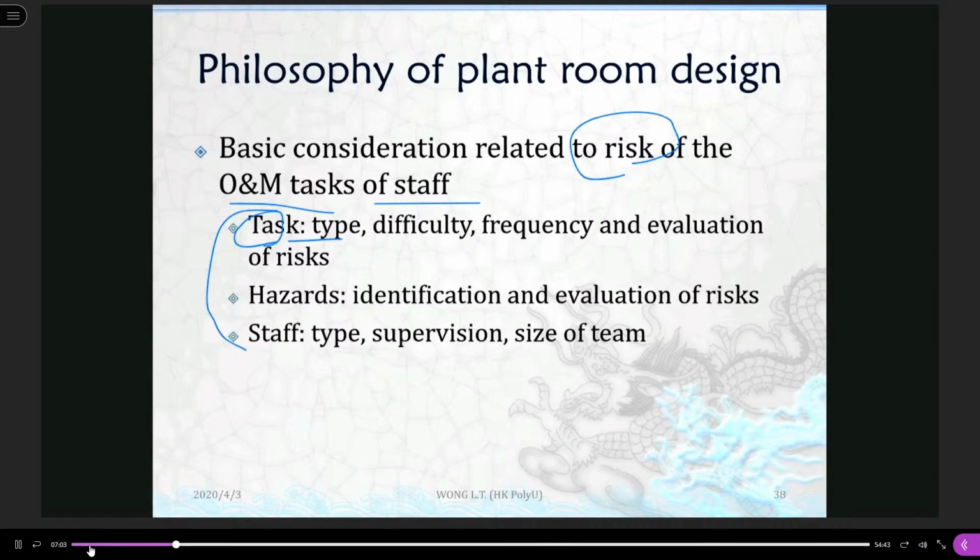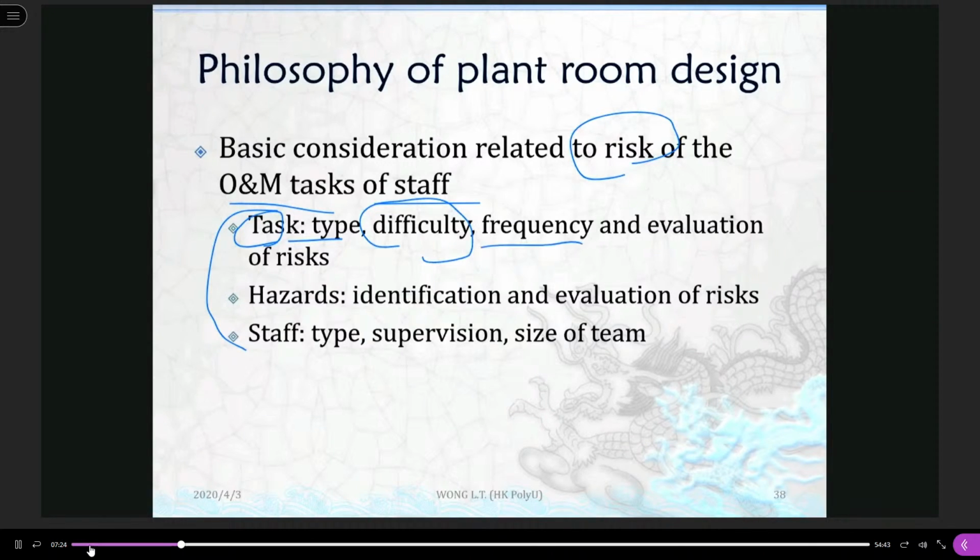The second thing is important: how difficult it is, which relates to the duration of the staff staying there. How much work will be involved? How much tooling is required? How many processes are undertaken there? How frequent will this kind of task occur?